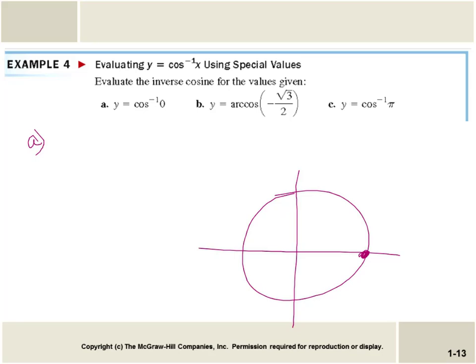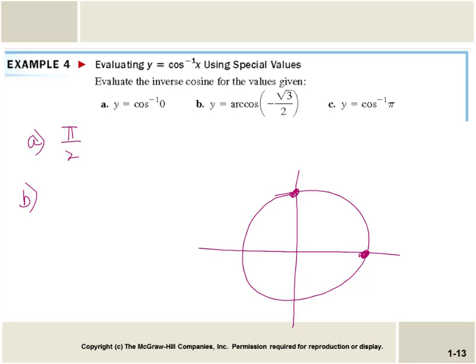I'm getting to you, Luis. Pi over 2. Exactly. Is pi over 2 between 0 and pi? Yeah, so that's the answer, pi over 2. You see, are you kind of getting it yet? We getting there?